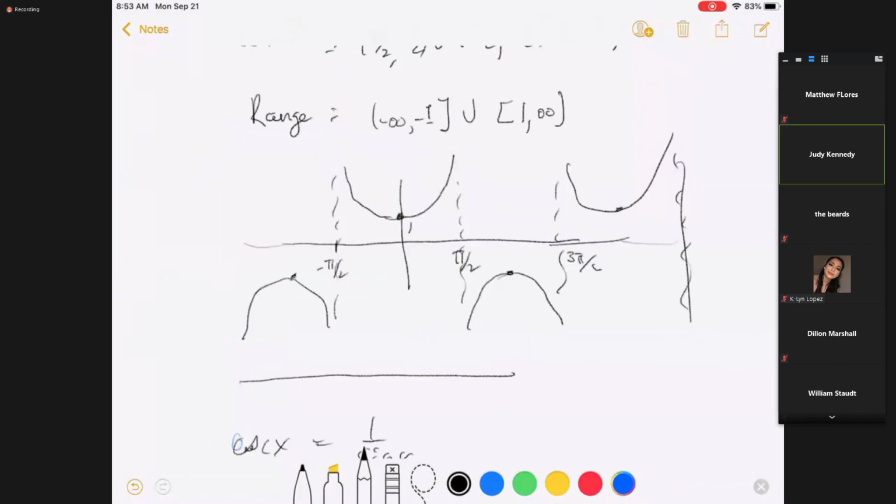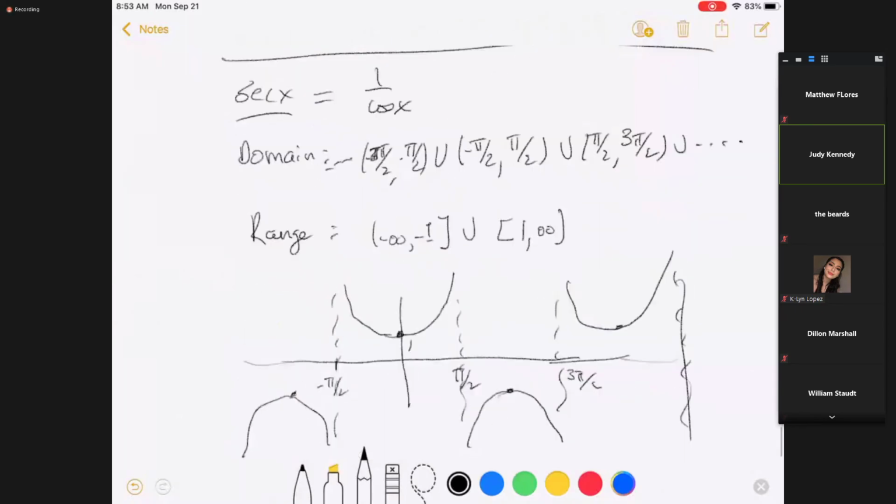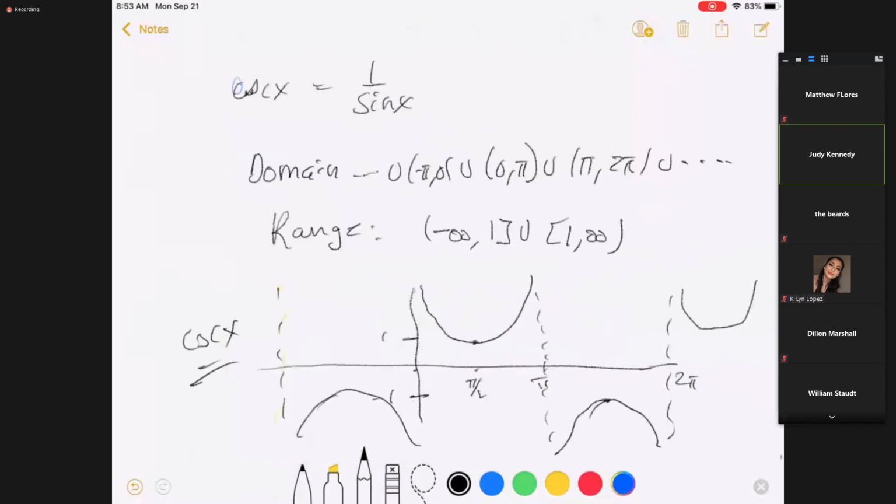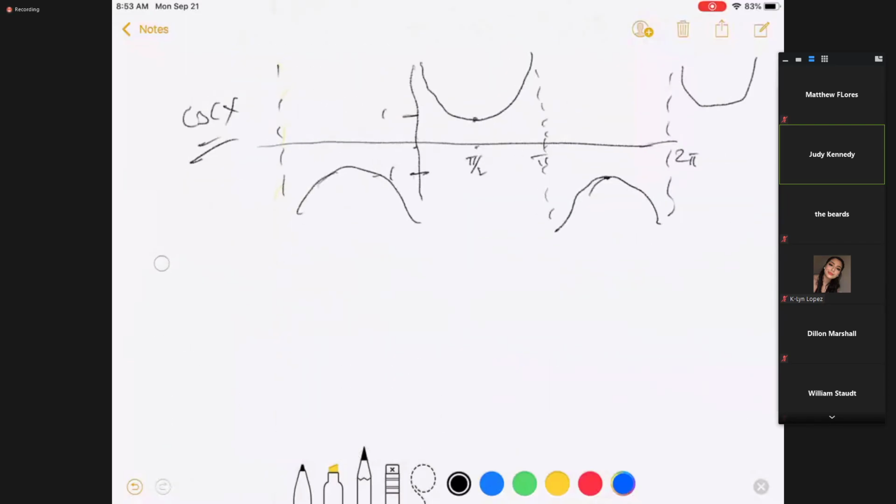You should have those graphs kind of in your mind, graphs of the important functions. I also expect you to know your special angles, which are, and the trig functions at your special angles. Okay. 0, pi over 6, pi over 4, pi over 3, and pi over 2.